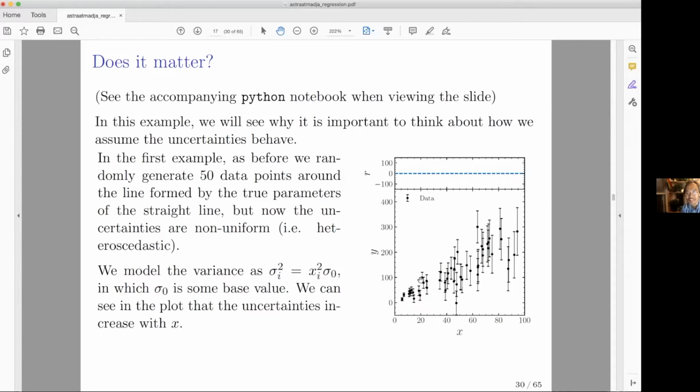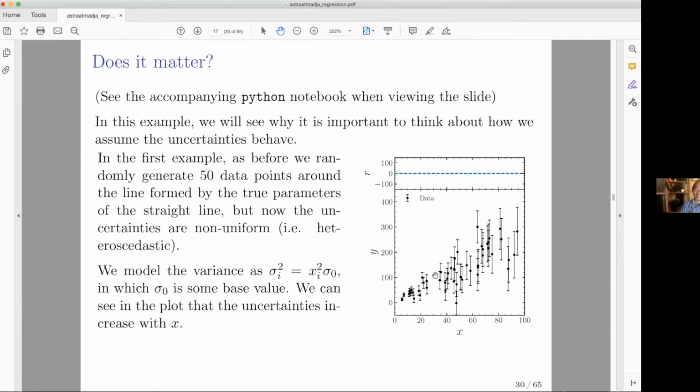As you can see, the uncertainties increase as x increases. So this measurement here is more accurate, and here it's more crappy. There is a lot more noise here. Maybe this data here is for fainter objects.